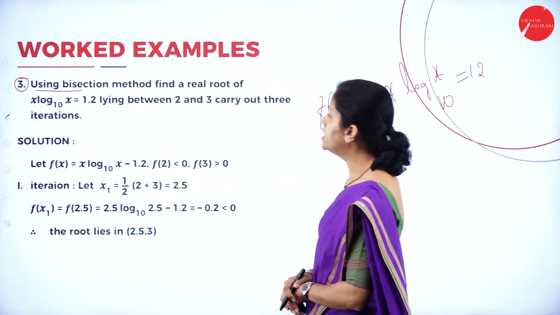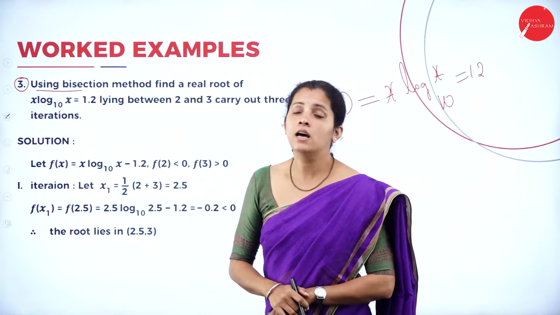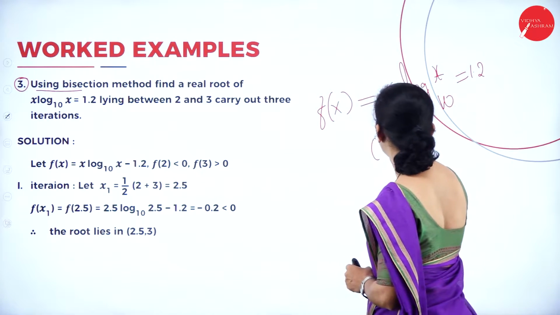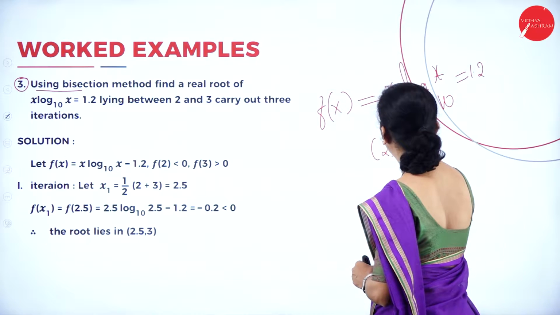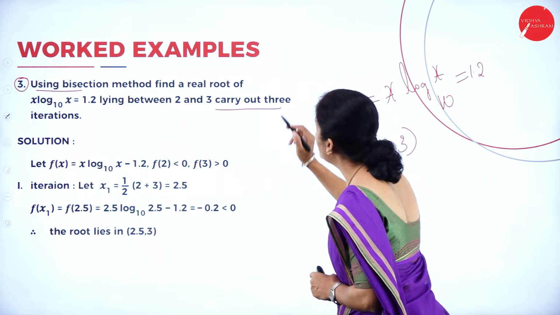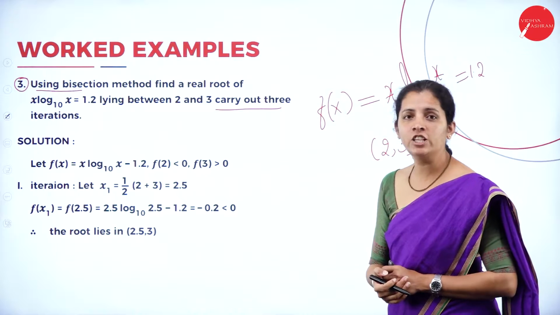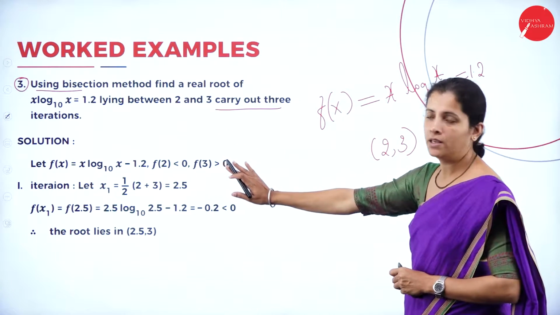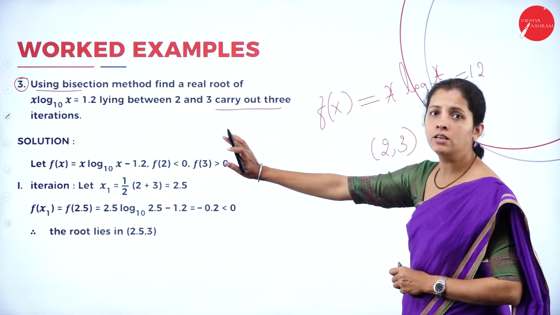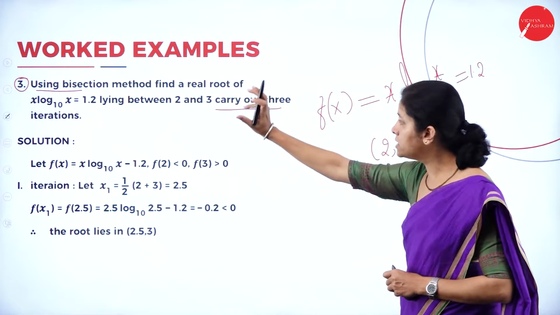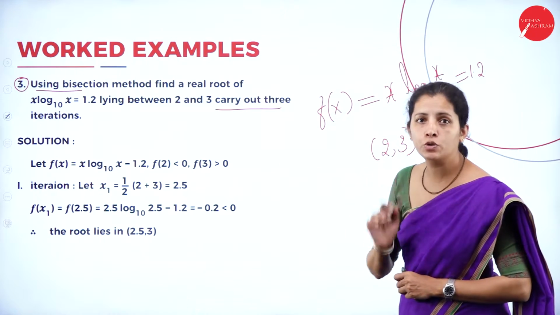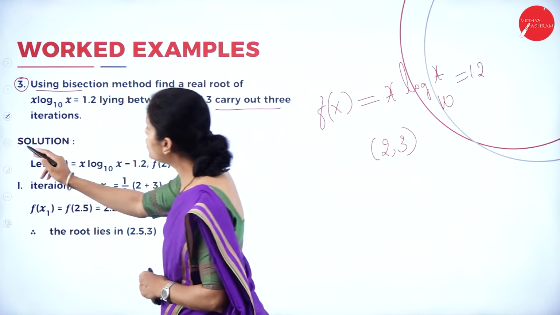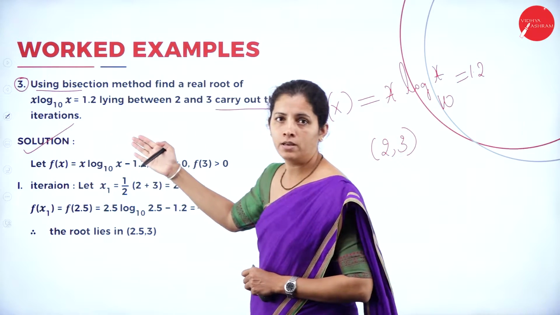In the question, they mentioned that the root lies between 2 and 3, and that I want to stop when I reach the third iteration. So the question gives the equation, the root interval, and when to stop the iteration.